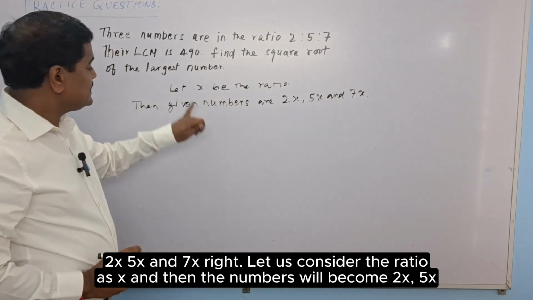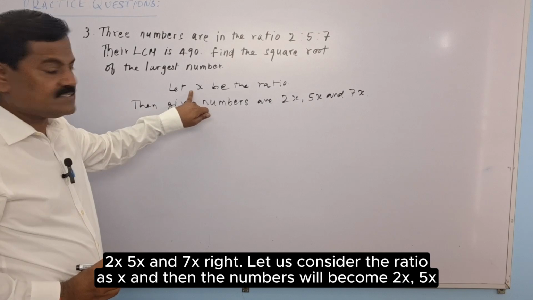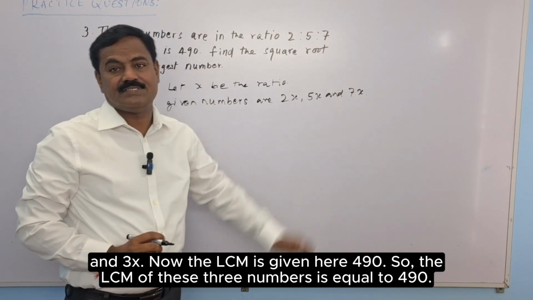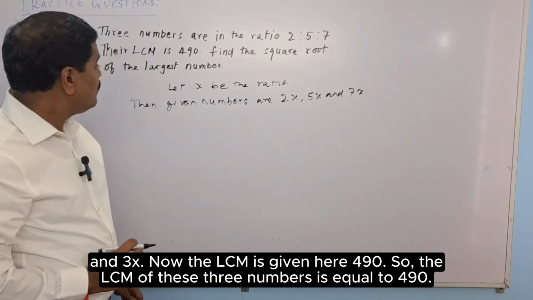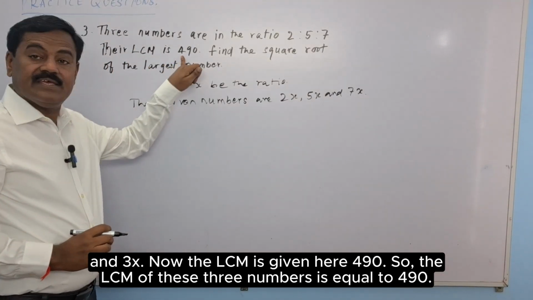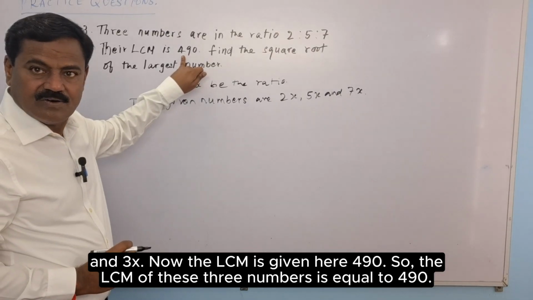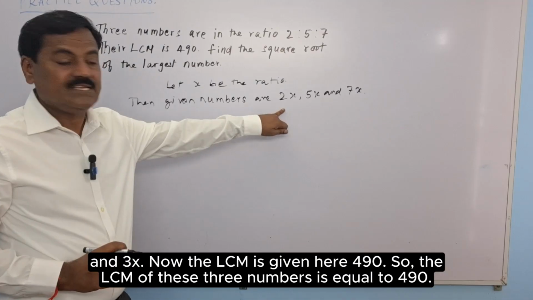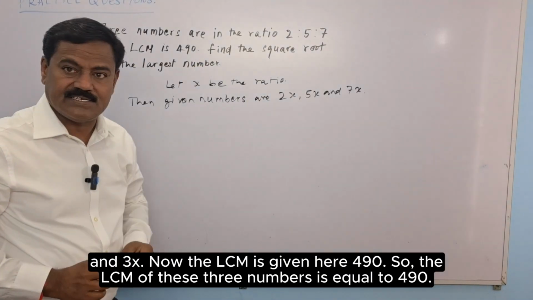Right? Let's consider the ratio as x, and then the numbers will become 2x, 5x and 7x. Now the LCM is given here, 490. So the LCM of these 3 numbers is equal to 490.